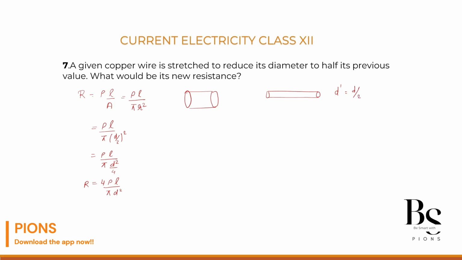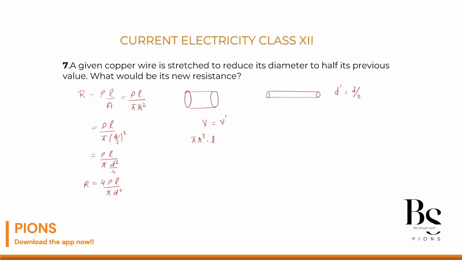Now the previous volume must be equal to the new volume, correct? So what's the previous volume? Pi r square into length L. Pi r square is our area, so area into length.